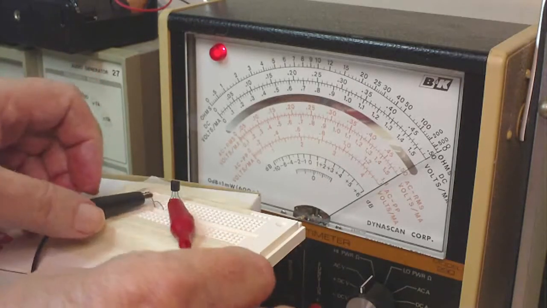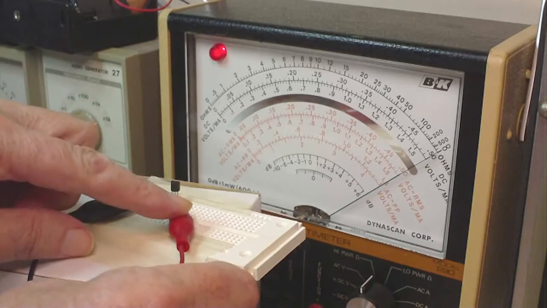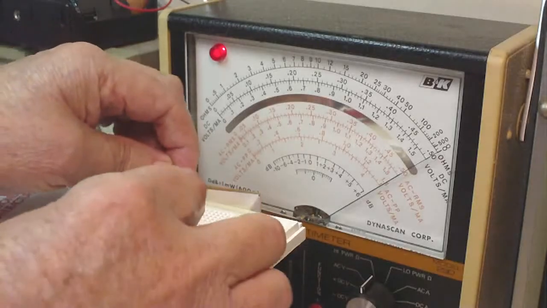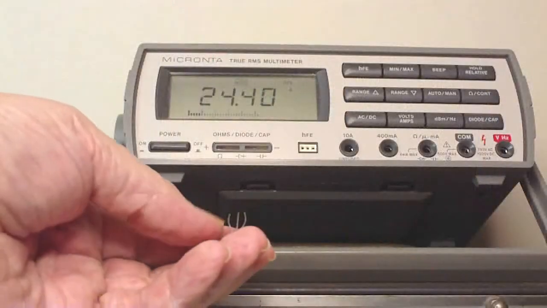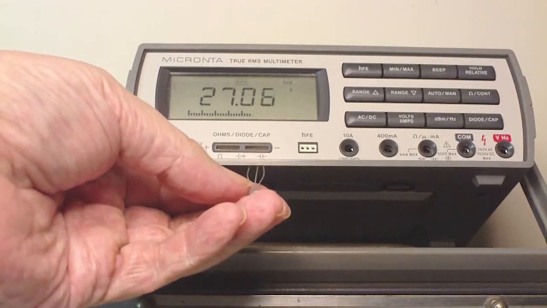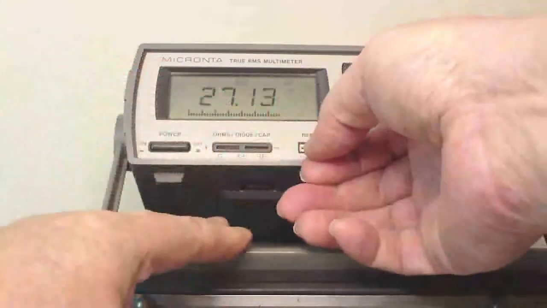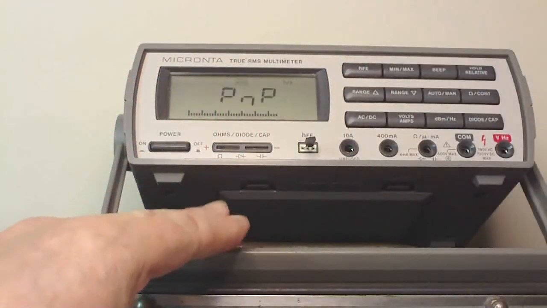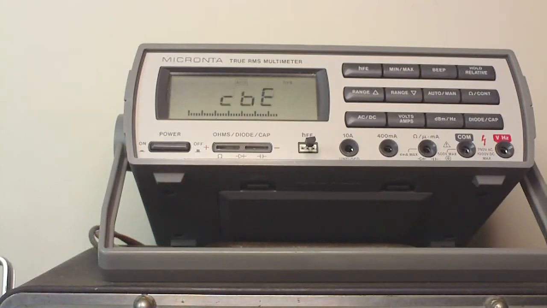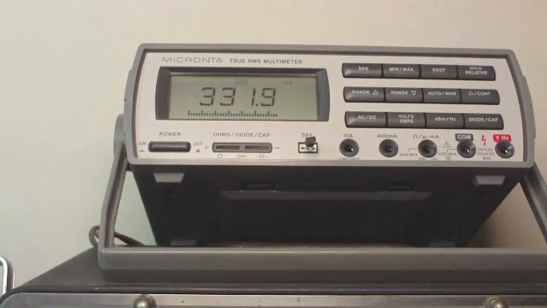So that means that this is C, B, and E. Okay, here's that transistor in the same orientation, and I'm going to plug that in. Check our work, and it is a PNP, and it is C, B, and E.